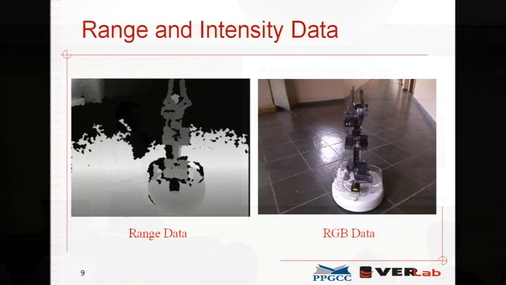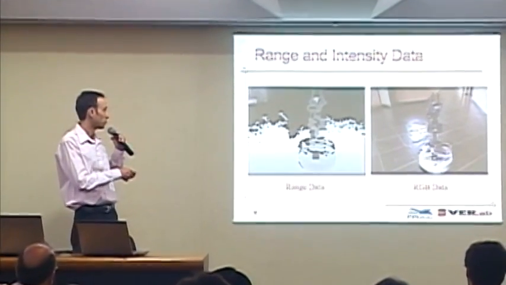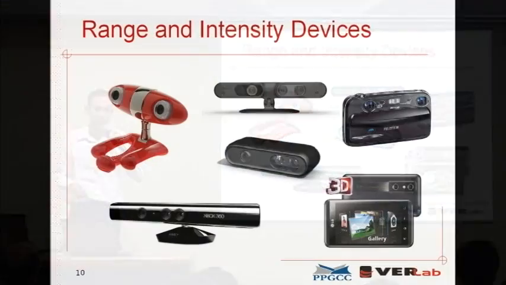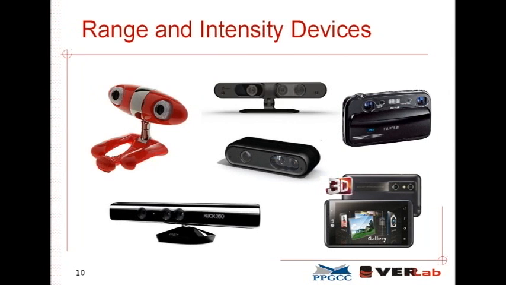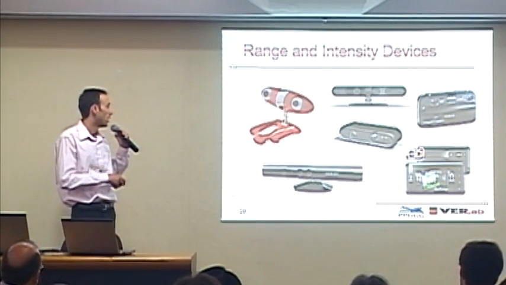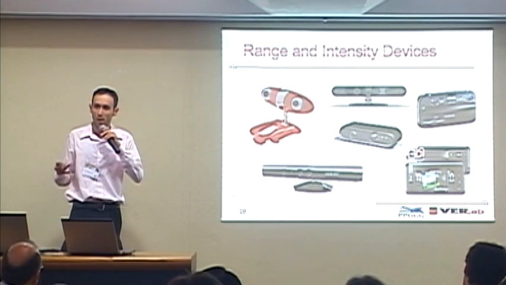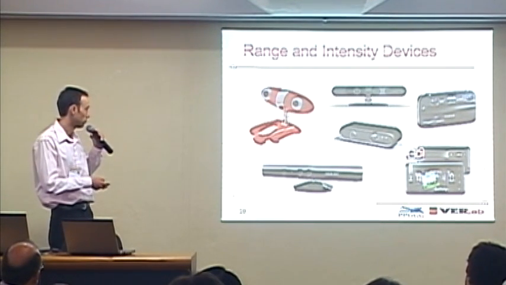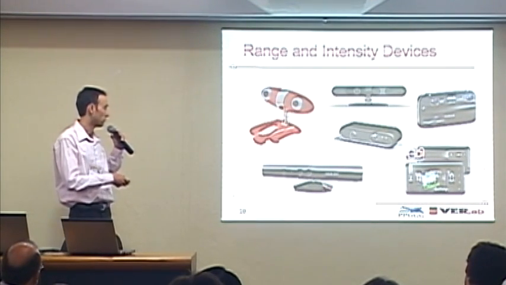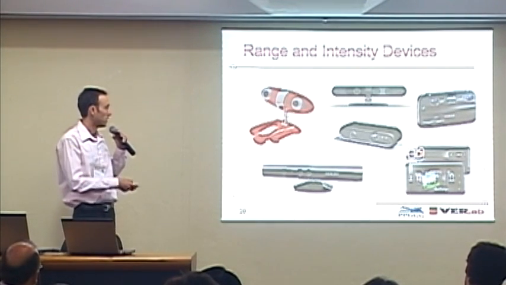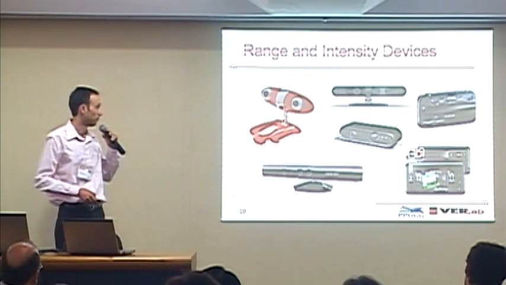So for each pixel in an image, we have a corresponding depth value. This kind of data is very easy to obtain nowadays, because we have several electronic devices that can provide RGBD images. For example, the most famous is the Microsoft Kinect, but we also have a webcam, even a cell phone.